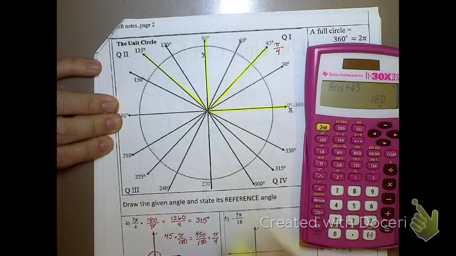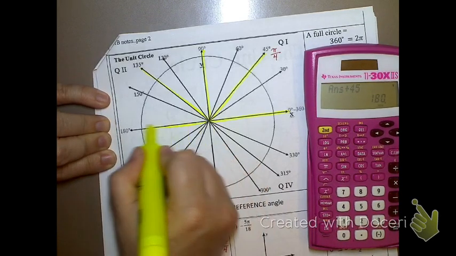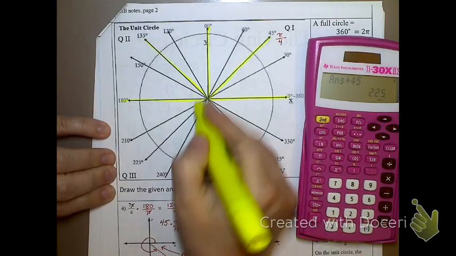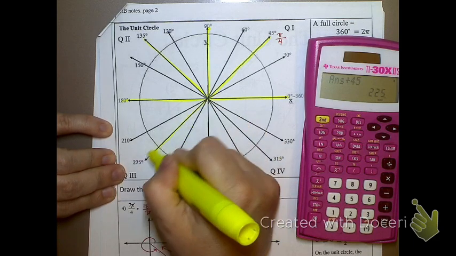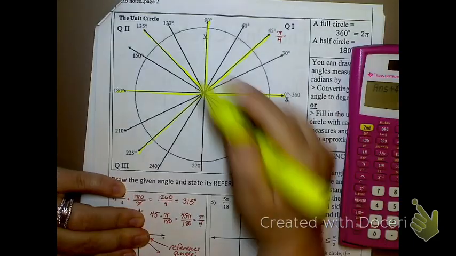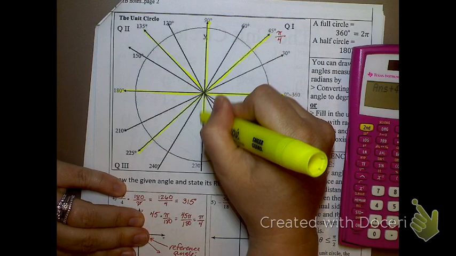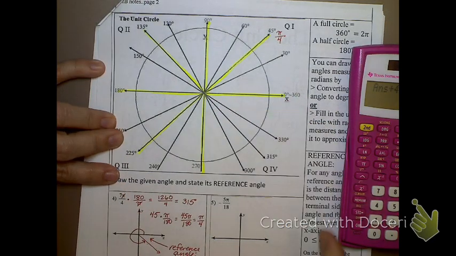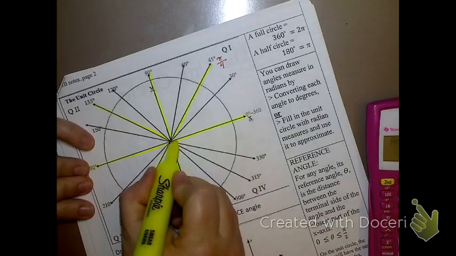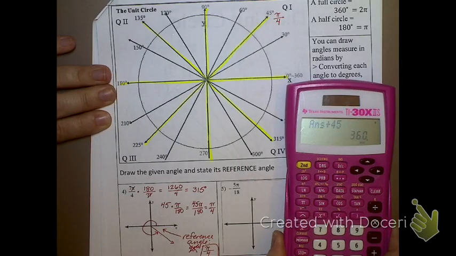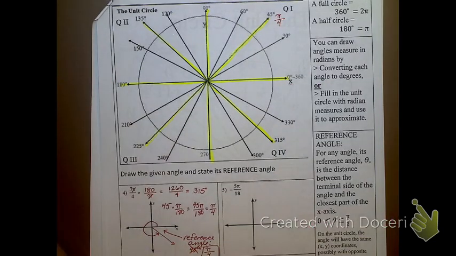Plus another 45, 180. Plus another 45 is 225, 270, 315, and 360. That gets me around the whole one. So what do I have highlighted here? I have all of the multiples of 45 degree angles.